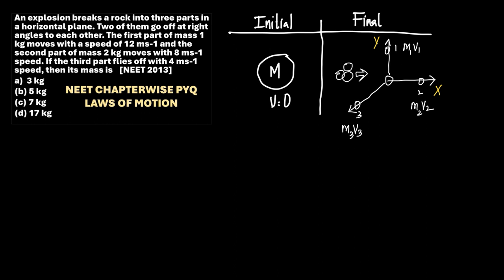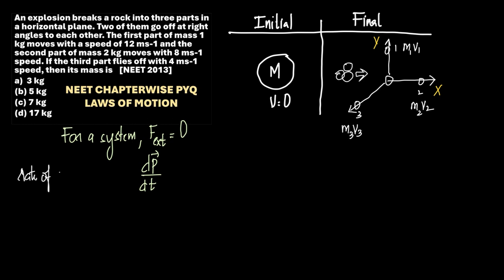Now let us try to understand the concept here. The concept is that for a system, if the F external acting on it is equal to 0, then it means that the rate of change of linear momentum is equal to 0.